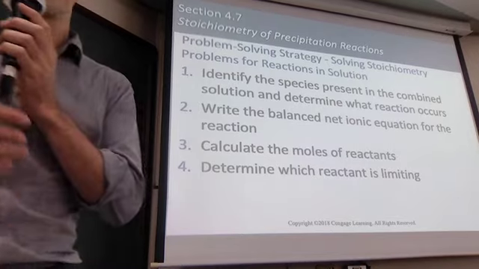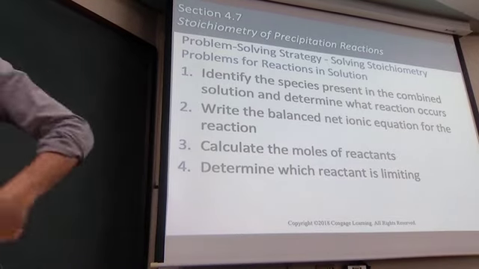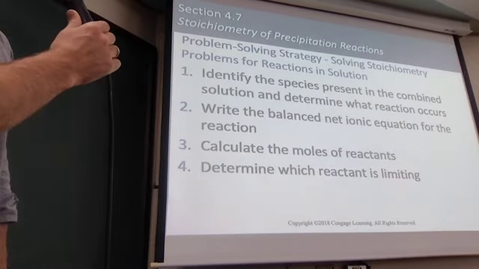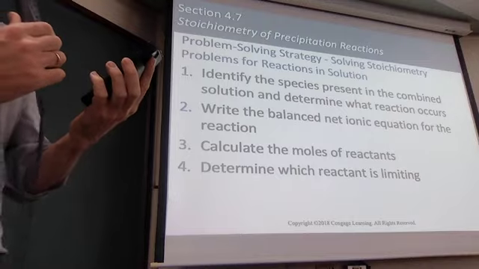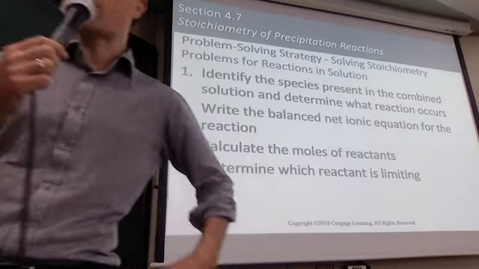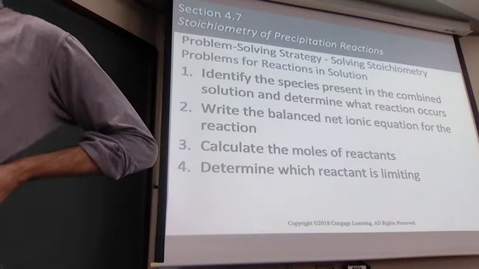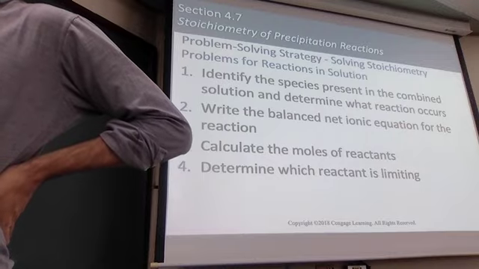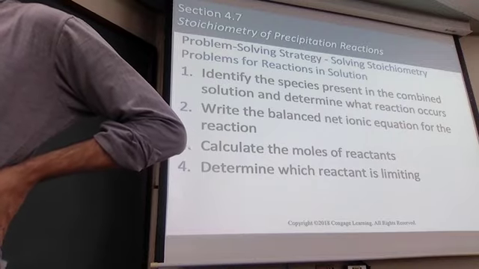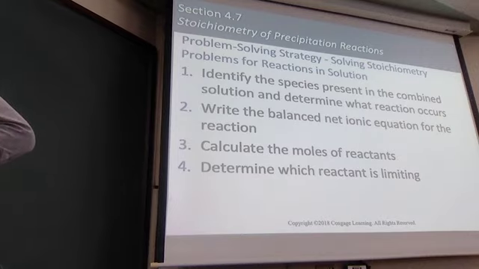So this is a general problem-solving strategy when you have these kind of solutions and you want to solve some problems. So the first is you identify the species which are in the combined solution, and then you determine what reactions can occur. So we did many examples for that. Then you write the balanced net ionic equation like this one here for the reaction.